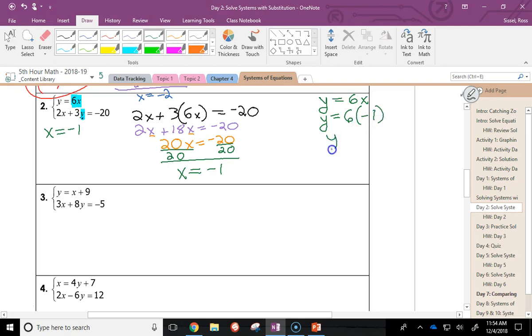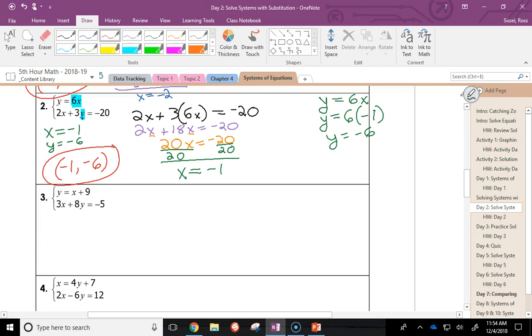Okay, so y equals 6 times negative 1 is negative 6. My answer is negative 1, negative 6. Continue to write this as a coordinate point for me though, because, once again, if we would have graphed this, I would have got negative 1, negative 6.